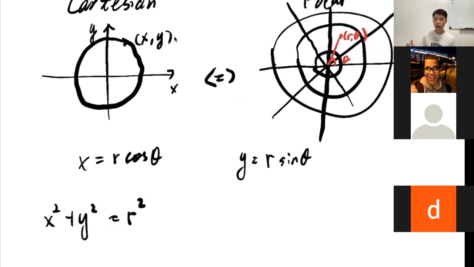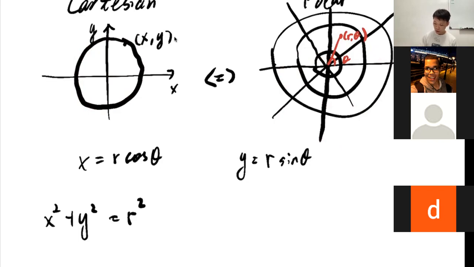In order to get a relationship between x and y, you have to take a square root, and then do it in sections, this section and this section, because if you didn't separate into these two sections, it violates the vertical line rule for being a function. For this point you have two values, and a function cannot have two values at a single point. But for a polar system, this becomes much easier.